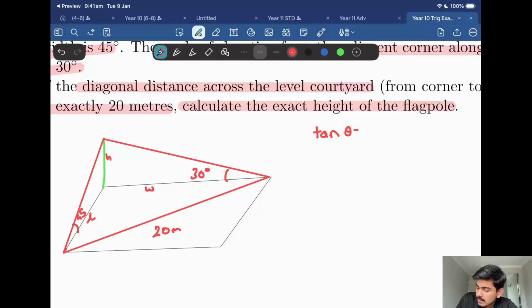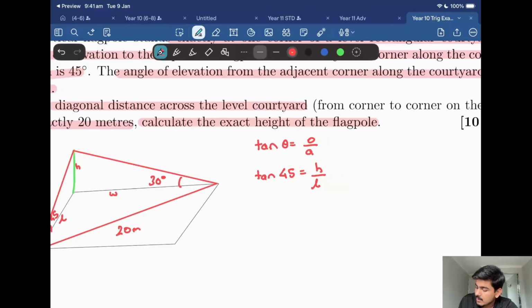Tan theta is opposite over adjacent, so tan 45 is opposite, h, over adjacent, which is L. Right now, let's keep it like this.